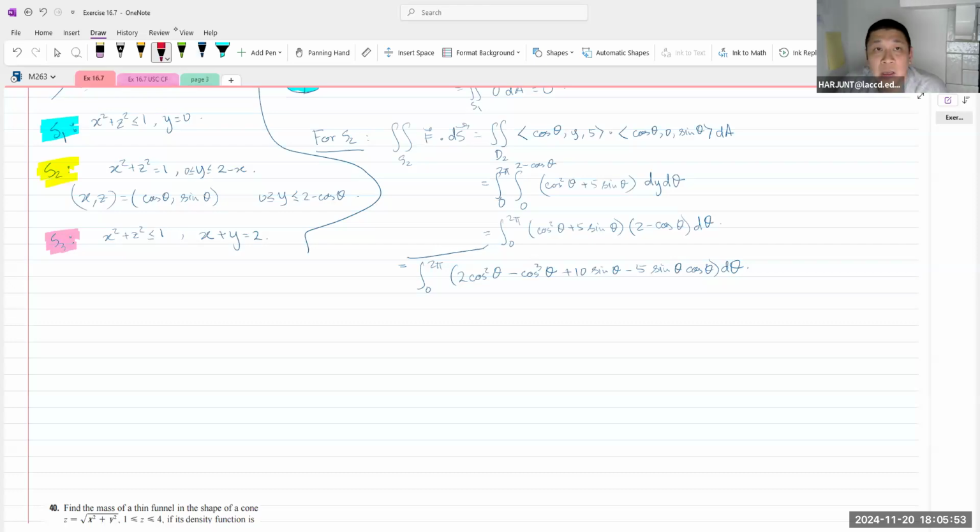This last term is basically 5 over 2 sine 2 theta, and when you integrate that over the interval 0 to 2 pi, it will get killed. So this will become 0, and this will become 0.